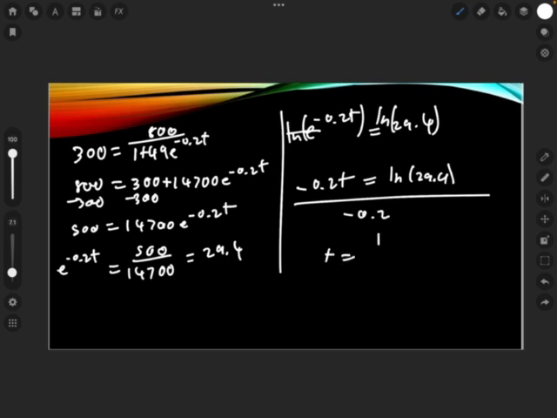So t equals ln 29.4 over negative 0.2. And if you approximate this, it comes out to about 17.915 days. You can just say 18 days until the school closes.